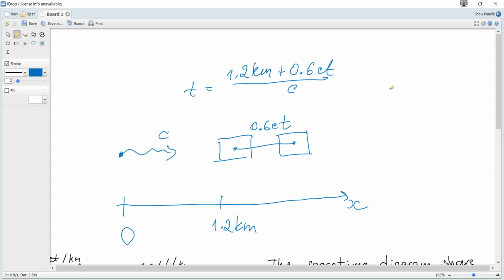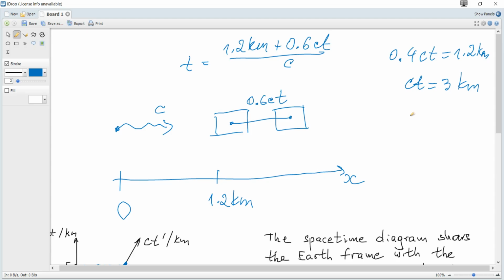So we get ct is 1.2 plus 0.6 ct, so 0.4 ct is 1.2 kilometers, hence ct is 1.2 over 0.4, or the same as 12 over 4, it's 3 kilometers.